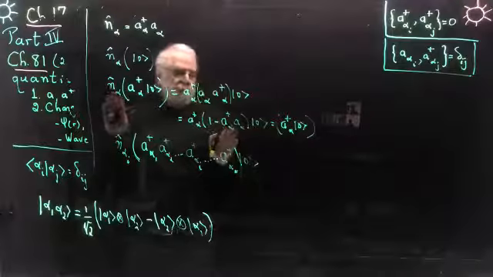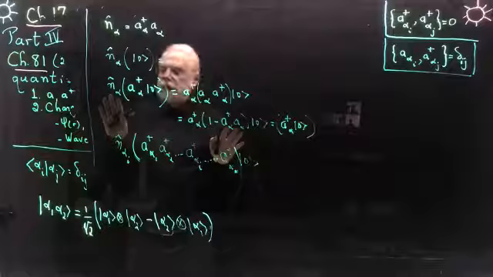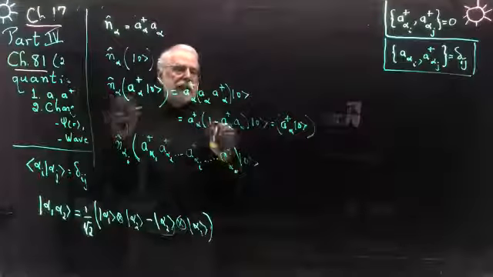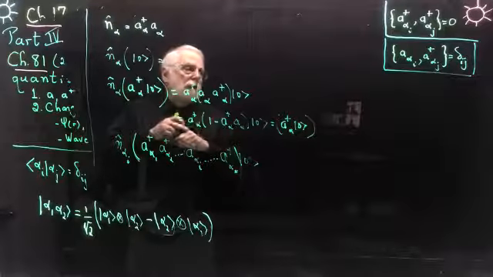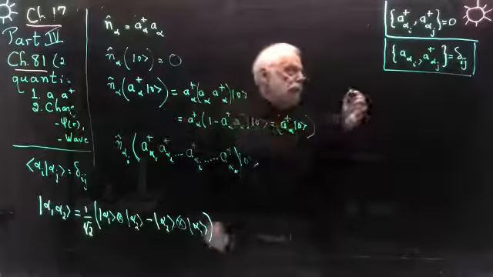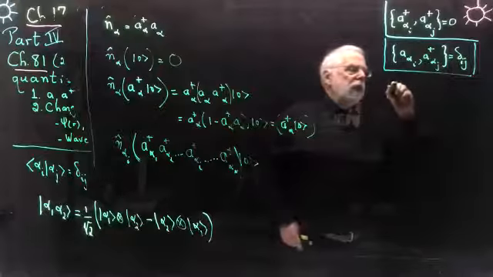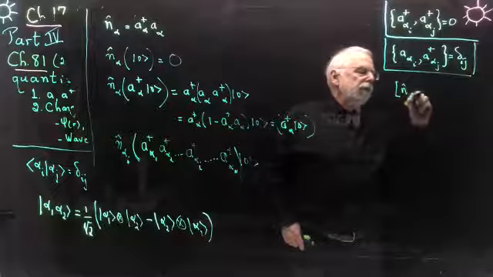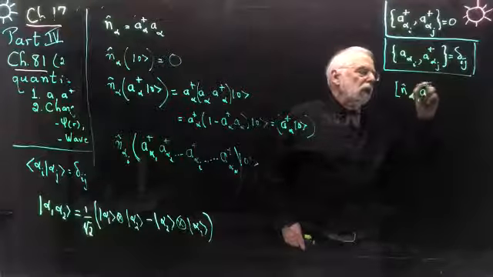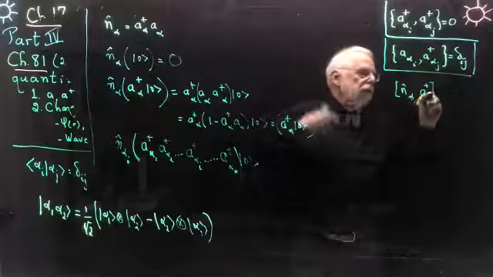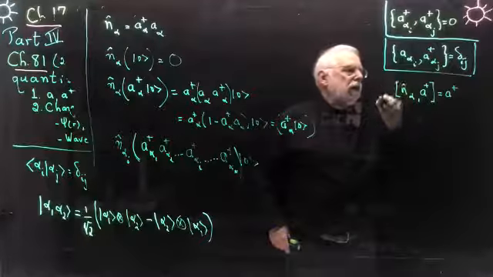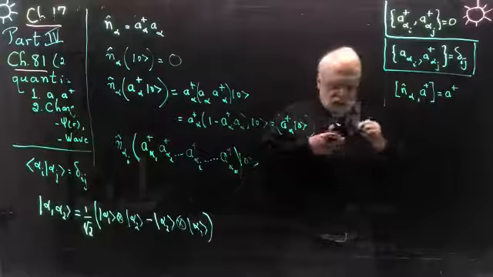If I look at this number operator again, this piece here, it means that I have shown, let's say the important relation, that n(alpha) with the commutator this time with A dagger is equal to A dagger. Okay.